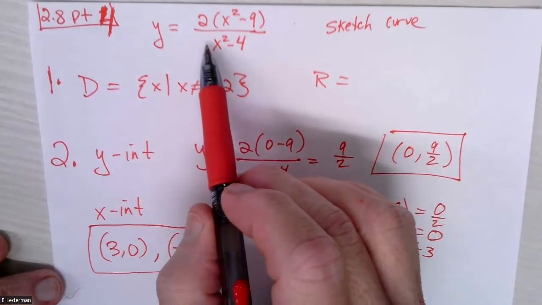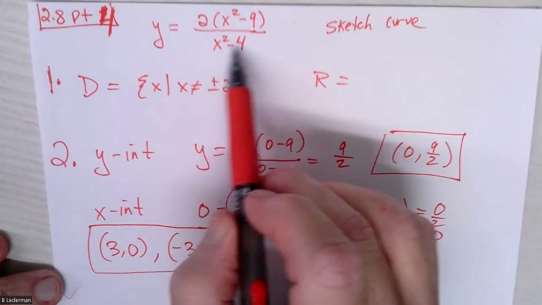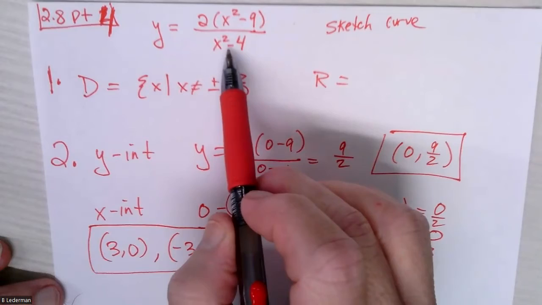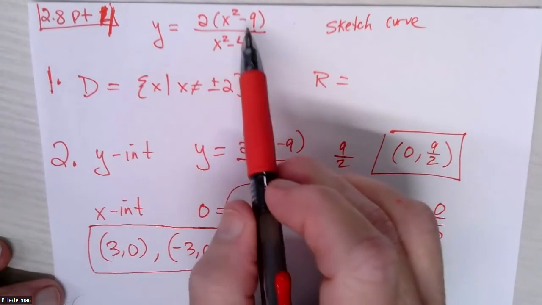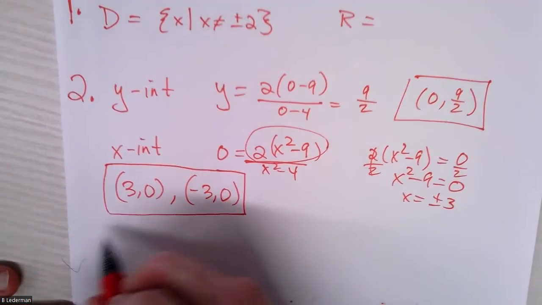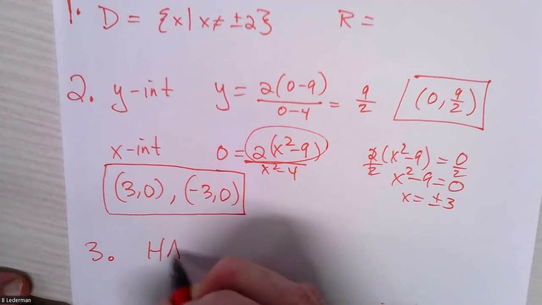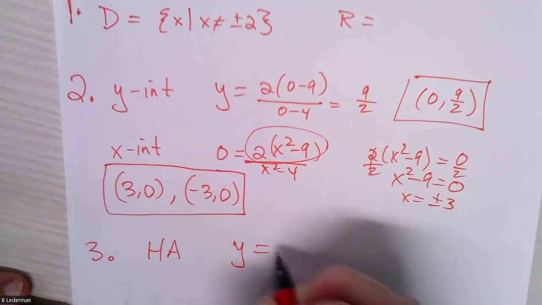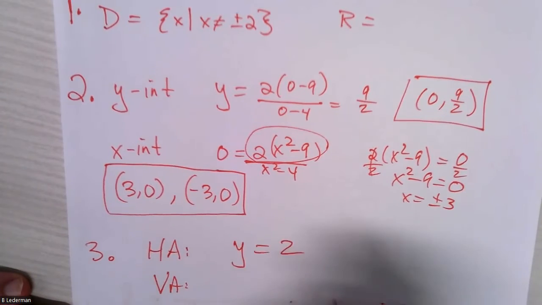So the horizontal asymptote is going to be y equals 2, and the vertical asymptote is going to come when the bottom is 0, which is plus or minus 2, provided that the top does not equal 0 at plus or minus 2. So my horizontal asymptote is y equals 2, and my vertical asymptotes are x equals 2 and x equals negative 2.